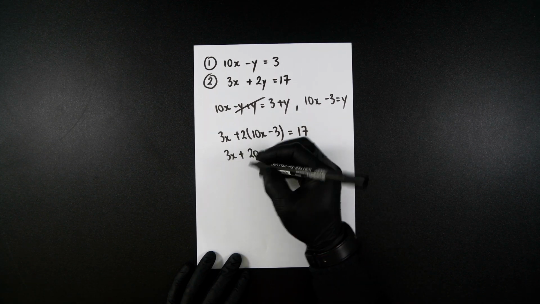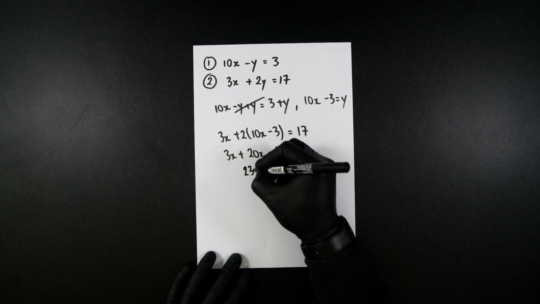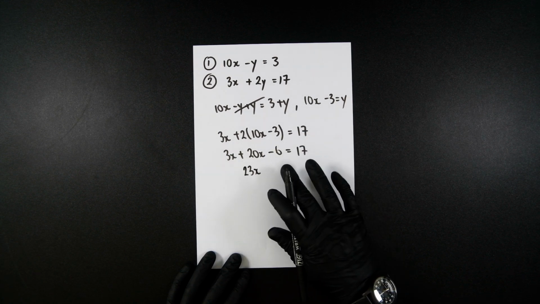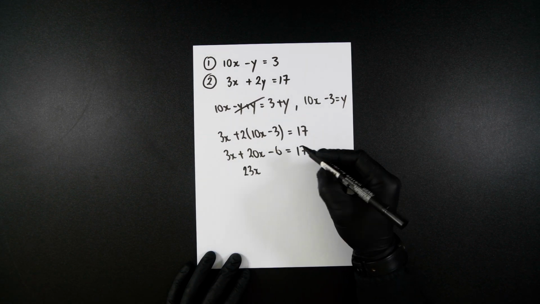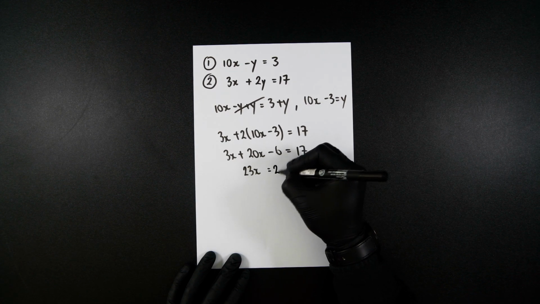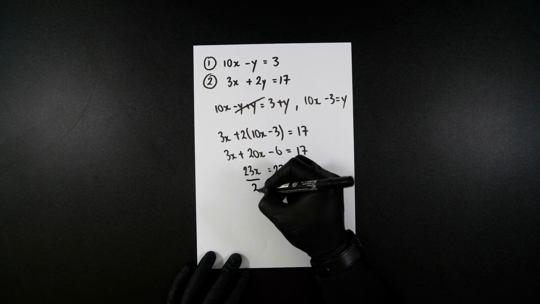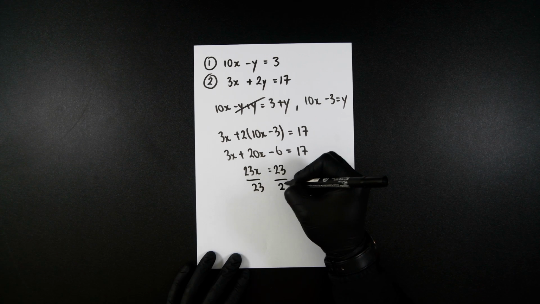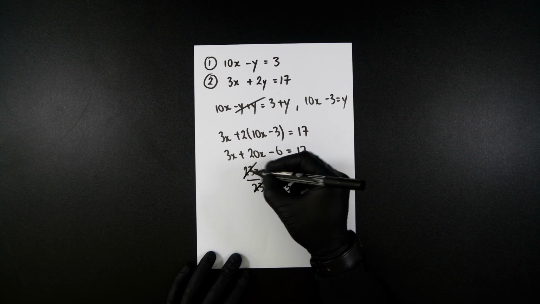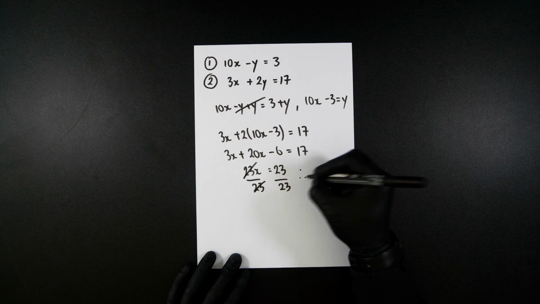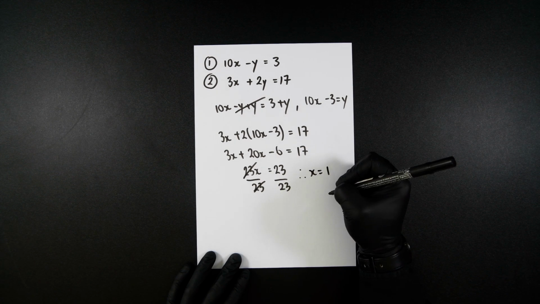We can now clean this up. So you're going to get 23x and then add 6 to both sides. So that's going to make that 23 as well. If you divide both sides by 23, it gets rid of the 23s and leaves the x on its own. So therefore, x will equal 1.